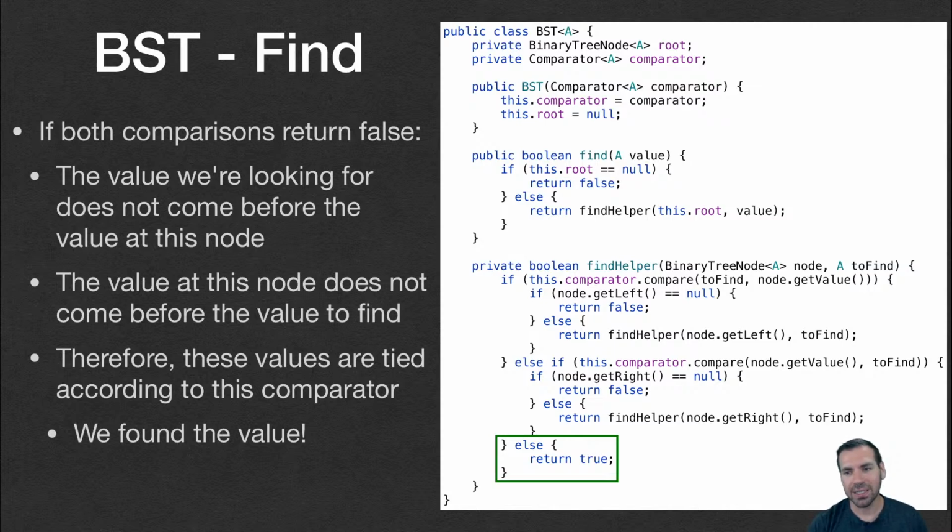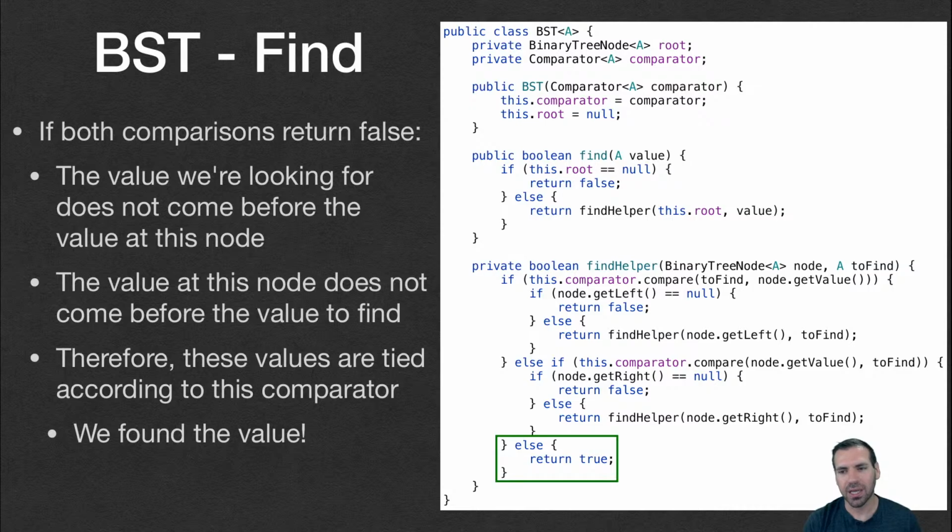The most blatant example of this that I've been beating you over the head with on the homeworks is ignoring case. So if I have two strings that are the same but they're different capitalizations of each other, the comparator that ignores case is going to return false and say these are equal according to the comparator, but they're not actual equivalent strings. If you hit them with dot equals, it's going to return false because they're not the same string, but they're the same string in the eyes of that comparator.